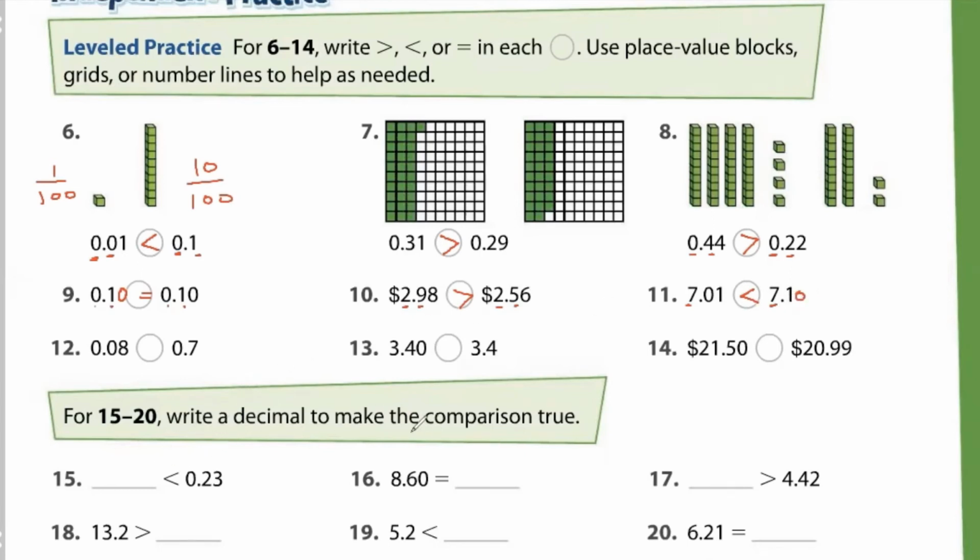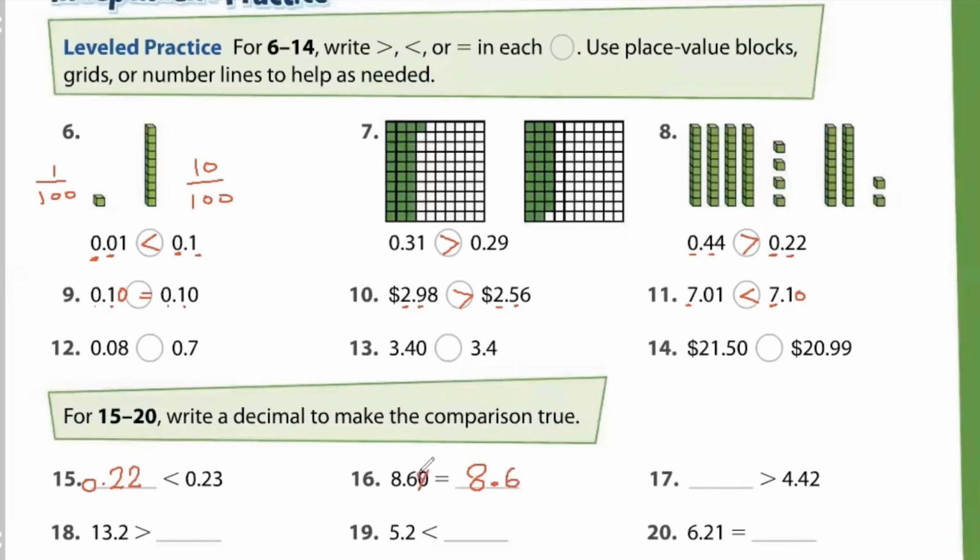Write a decimal to make the comparison true. Number 15. Which number is less than 23 hundredths? 22 hundredths is less than 23 hundredths. Which number is equal to 8 and 60 hundredths? I can put 8 as it is, the decimal point, and put 6.